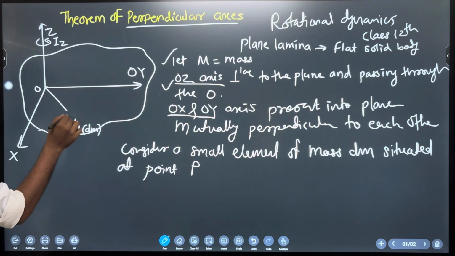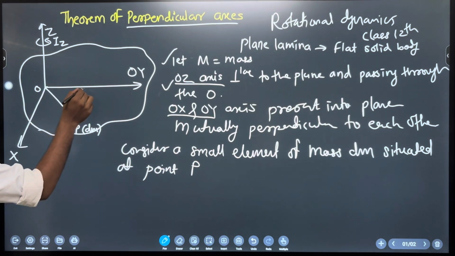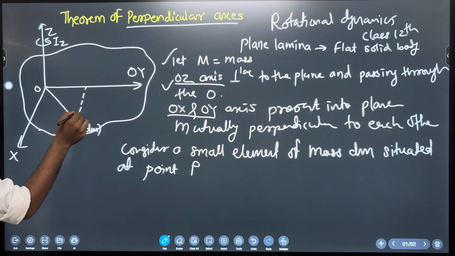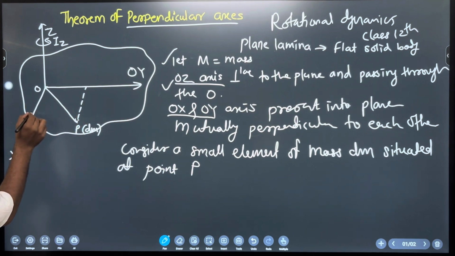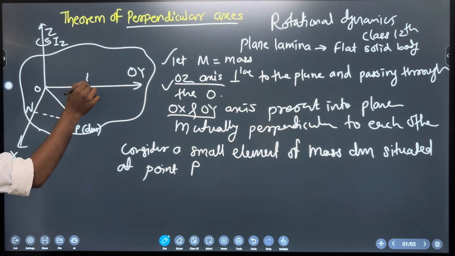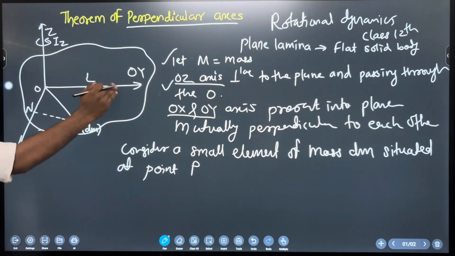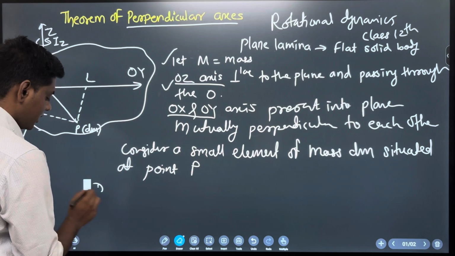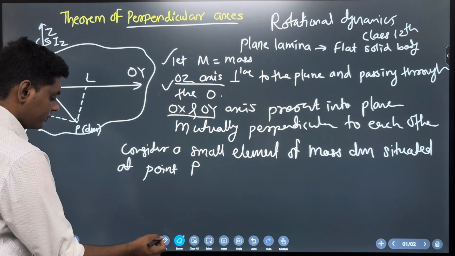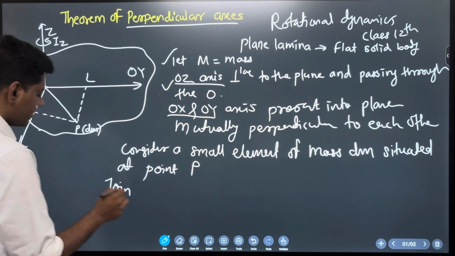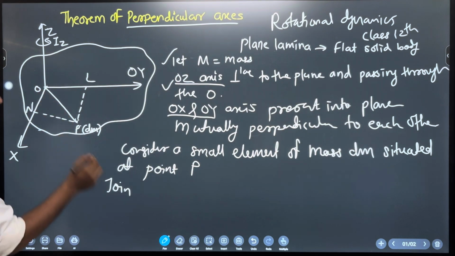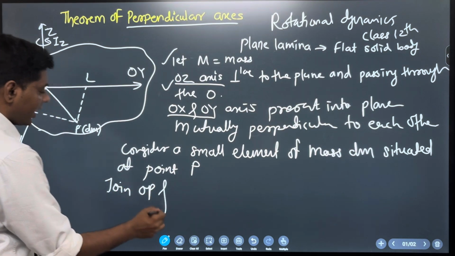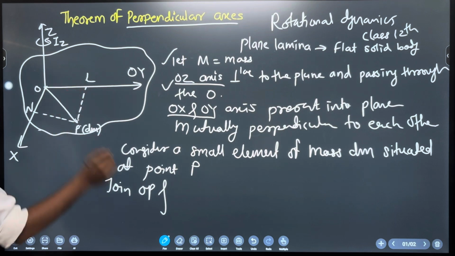After that we draw a line parallel to the x-axis and a line parallel to the y-axis. From P we draw PN and PL, which are perpendicular to the x-axis and y-axis respectively. So we join OP and draw PN and PL.